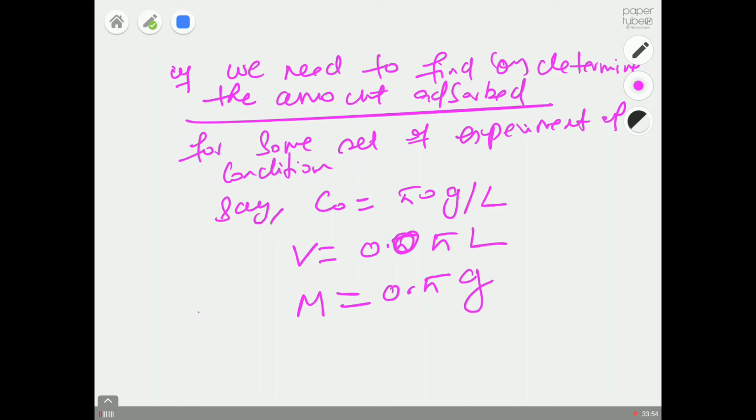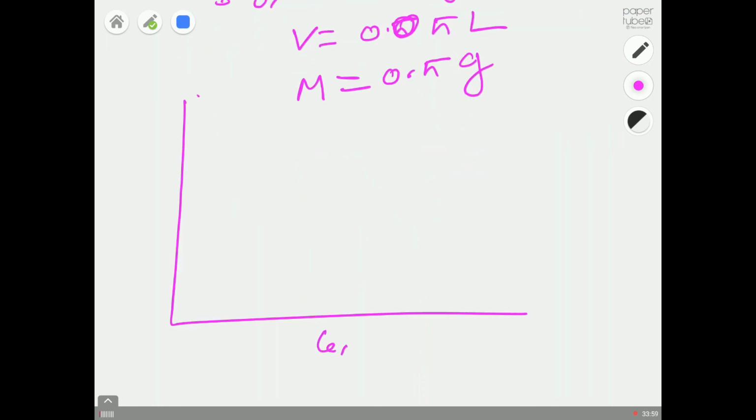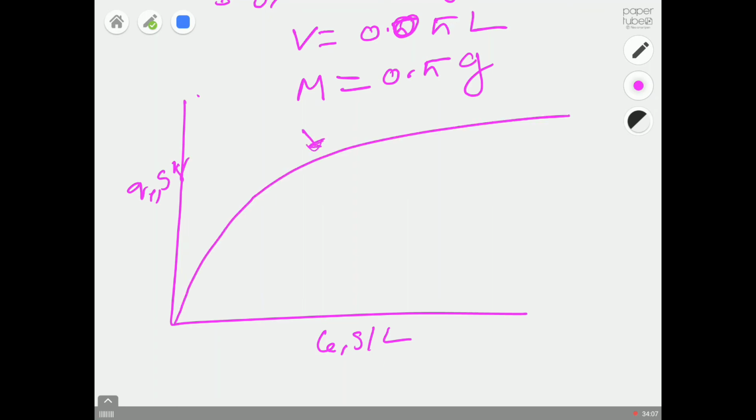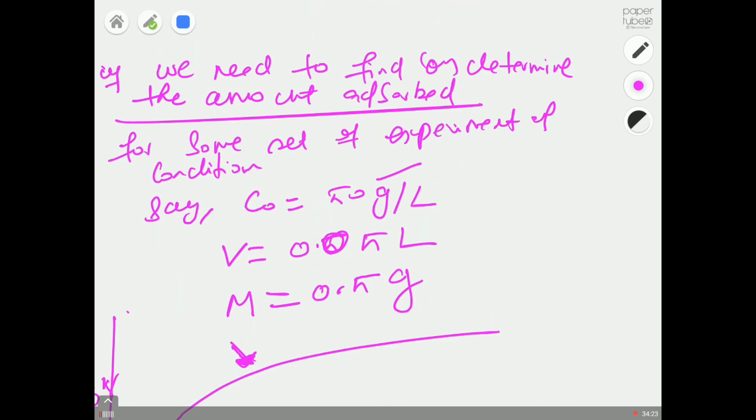So all you need to do is you plot CE grams per liter, QE grams per gram, you get your equilibrium curve. So this is the data which I will give in the exam if I ask this question. So I give the equilibrium data, so you plot QE versus CE, and then if I ask you what will be the amount that we are going to adsorb if I start the experiment with a solution of 50 grams per liter, and the volume of our solution is 0.05 liter, and then our mass is 0.5 grams.